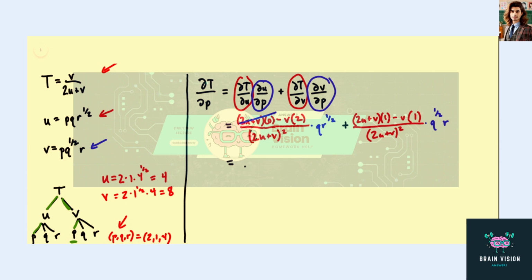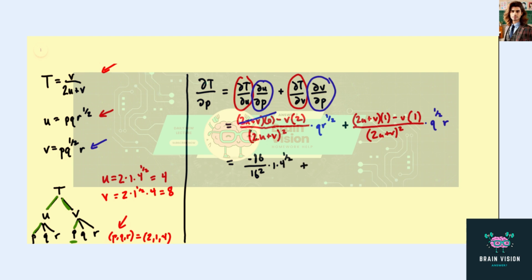Okay, so now we can plug everything in. v was 8, 8 times 2 is 16, so we get negative 16 on top. 2u plus v: 2 times 4 is 8, plus 8 is 16. So we get 16 squared there, times q is 1, square root of r is 4.